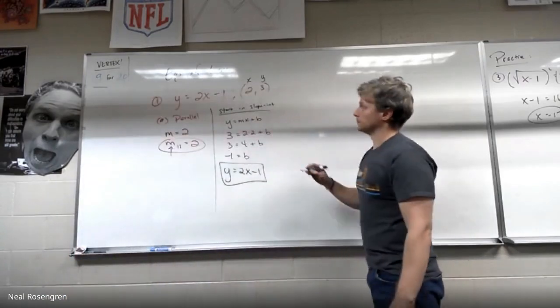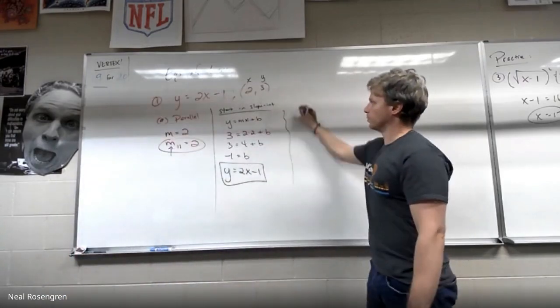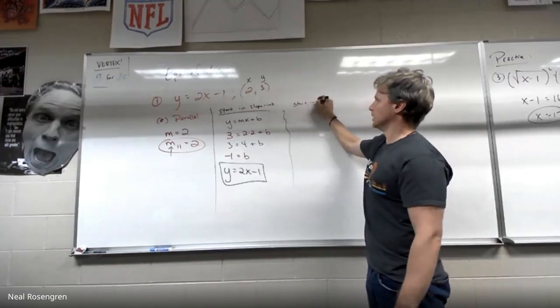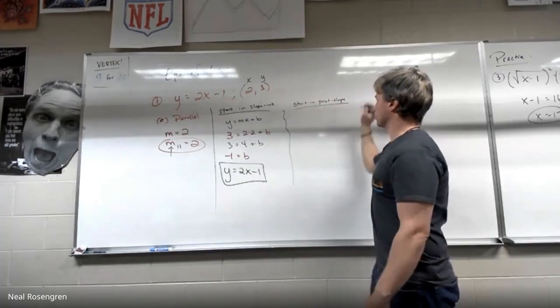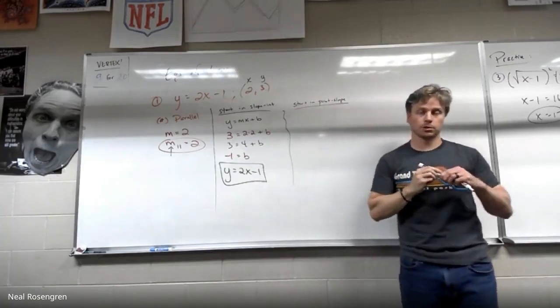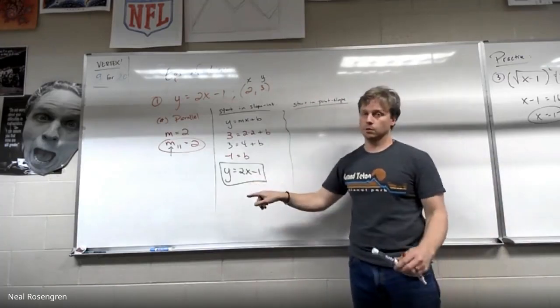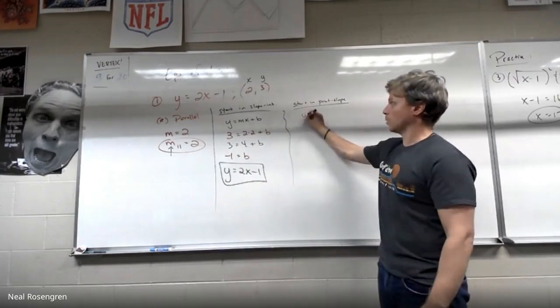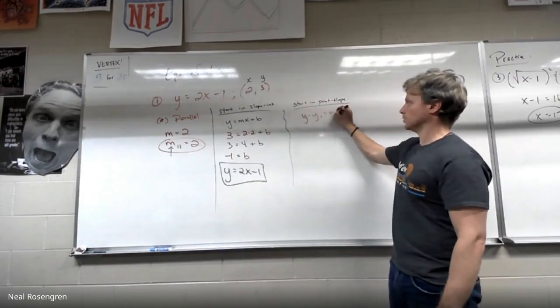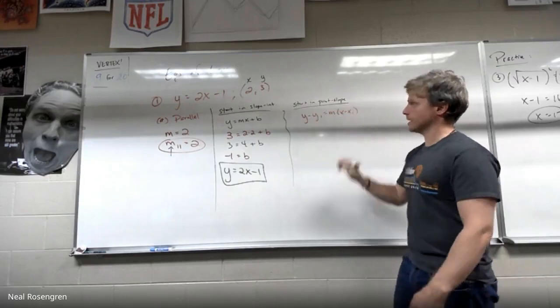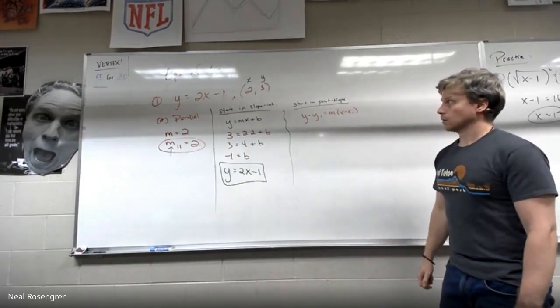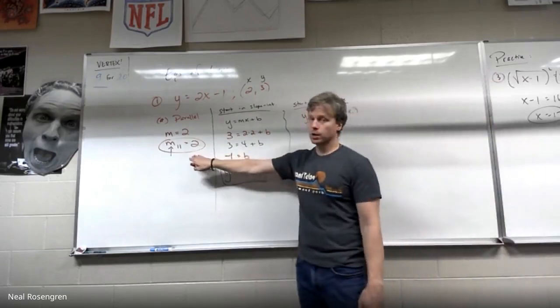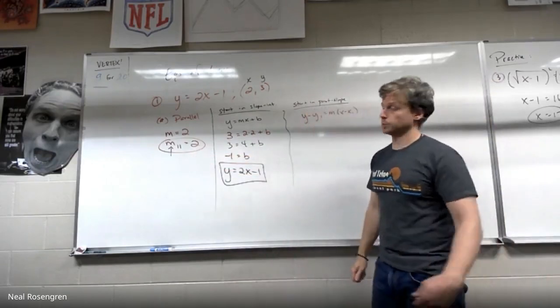The other way to do that would be to start in point-slope, and then just rearrange the equation so that it looks like this one. So you would start y minus y1 equals m times x minus x1, with the slope that we know we're going to use, because we picked the parallel ones, so the slopes are the same.